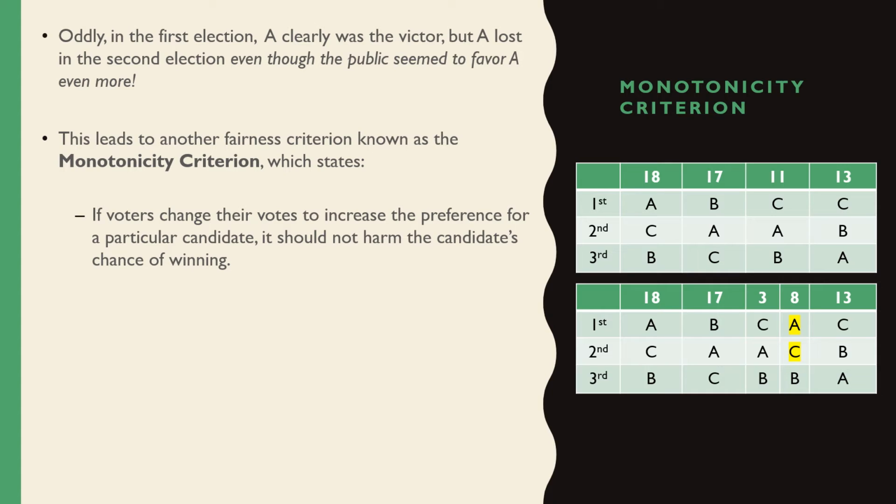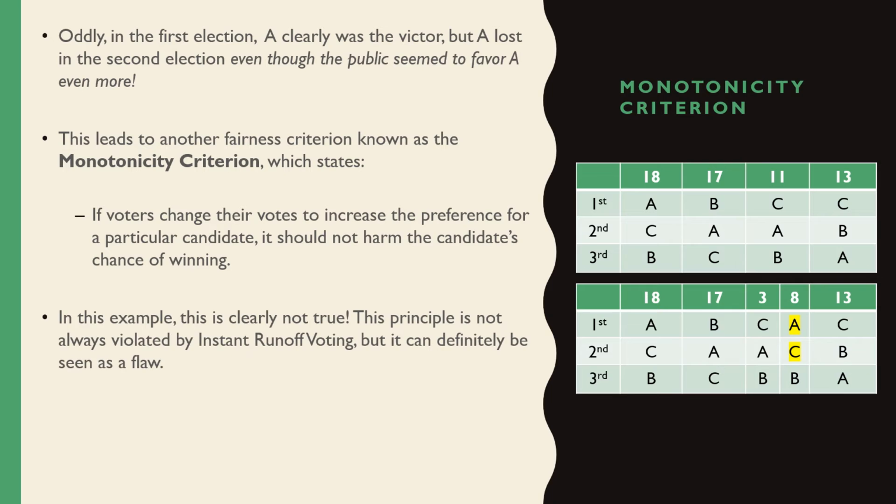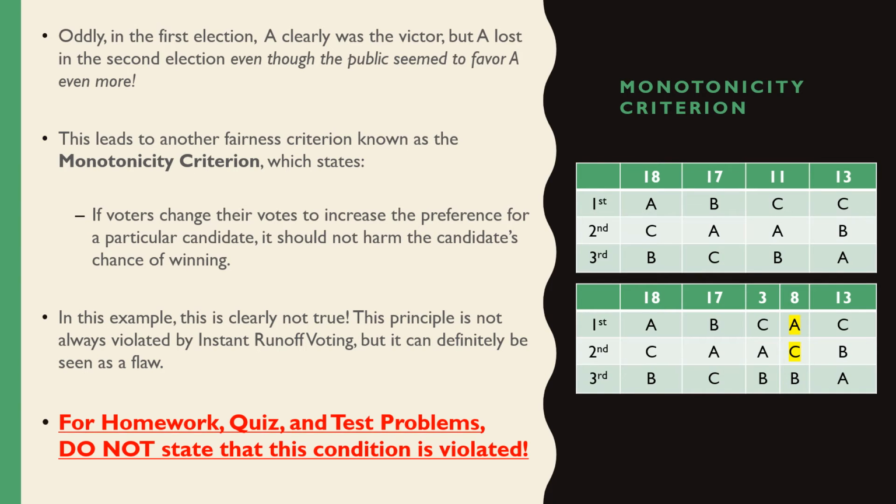If I like a candidate more, of course they should do better. But in this example, that's not true. It's not always violated by instant runoff voting, but it can definitely pop up and therefore is a flaw. It's a unique problem to addressing more than one of your choices.